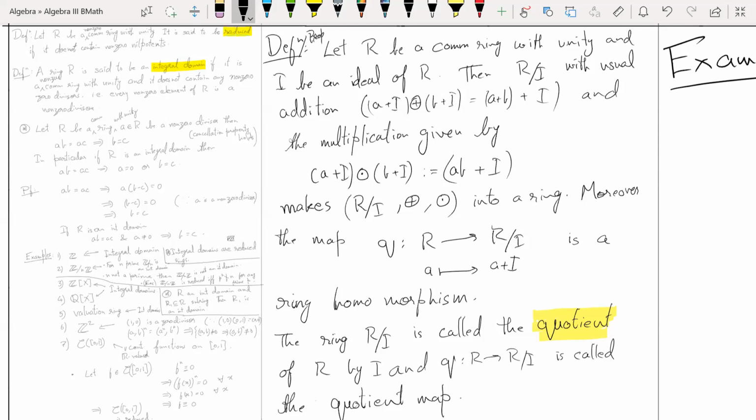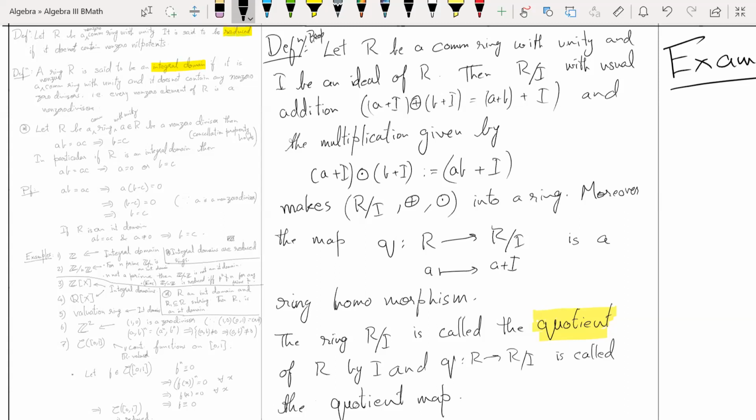is a ring. So this is not just a definition; it's also a proposition, asserting something. Then this triple is a ring. It's going to be again a commutative ring with unity. So it may be the 0 ring in this case.